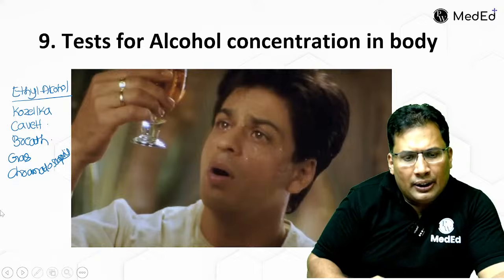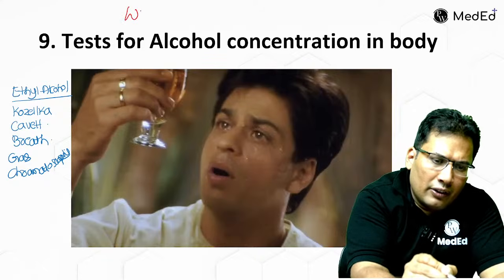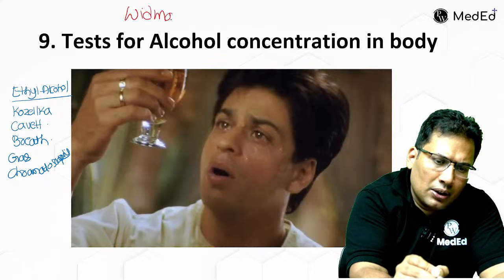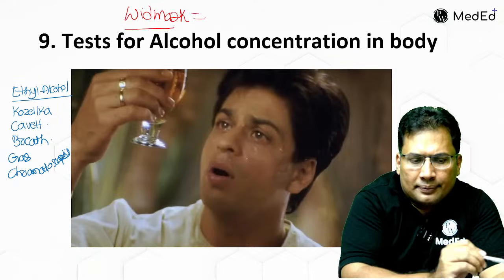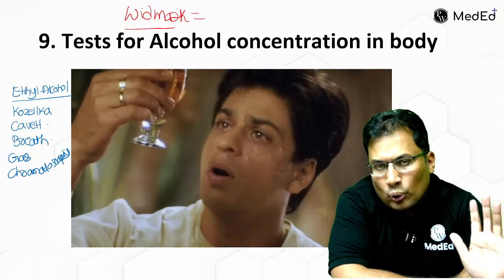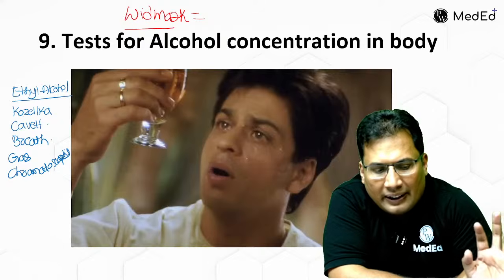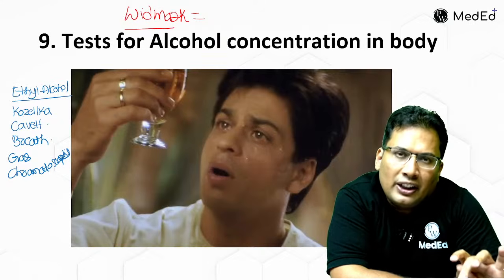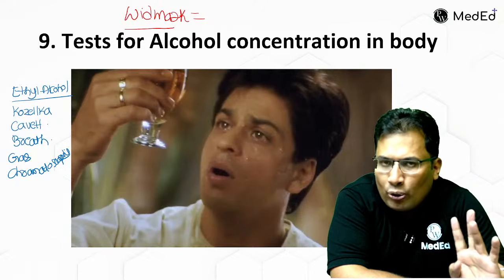So the question can be asked about Widmark formula. Can anyone try, what is Widmark formula? So Kozelka, Kevet test, Henry's principle of breath analyzer, gas chromatography. Okay. There are 4 tests.